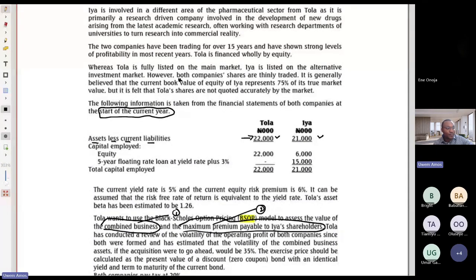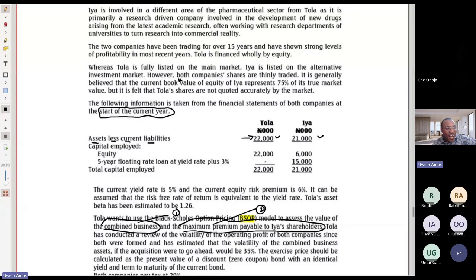So this is our debt right here. Okay, yeah, this is our debt here.